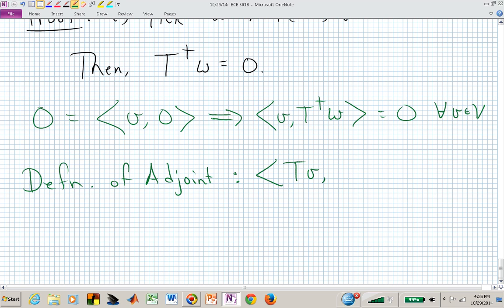T applied to V, inner product with W. So that must be 0. And that's also true for all V in V.